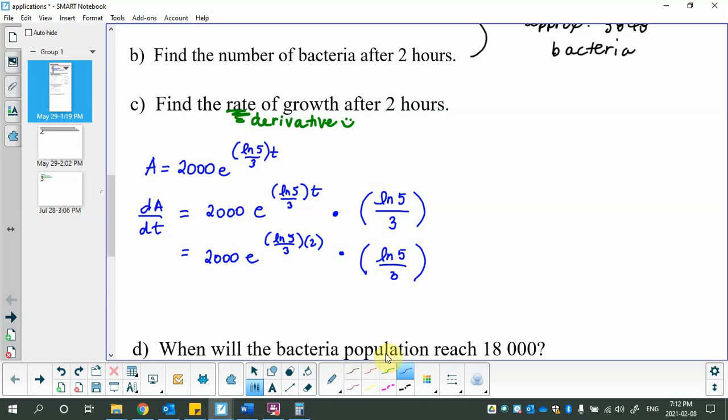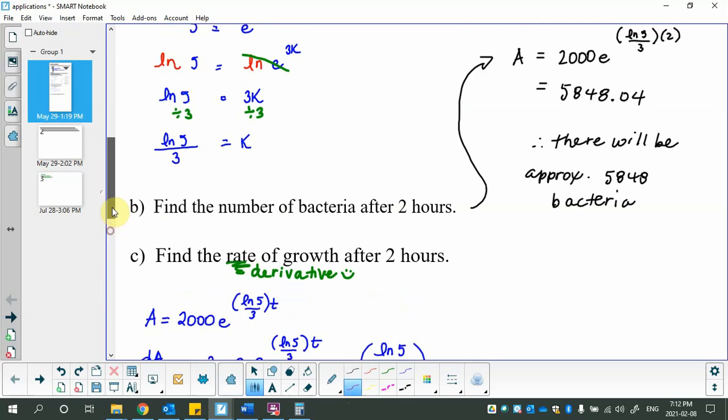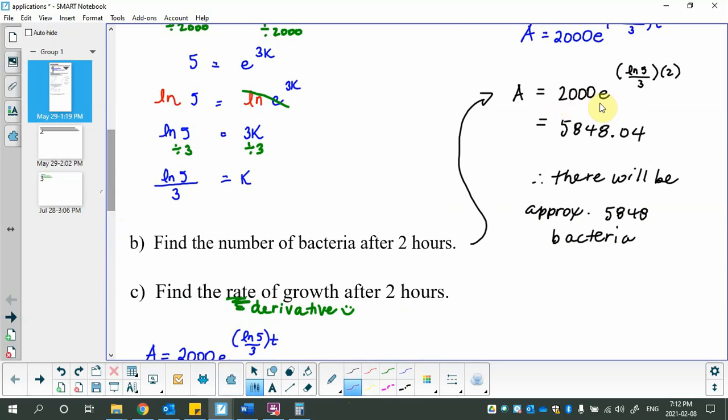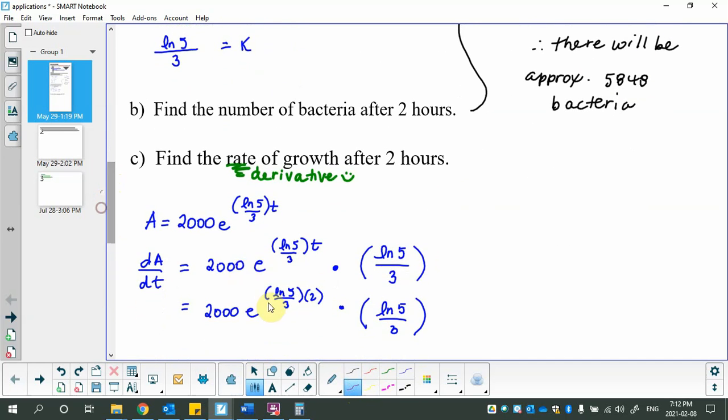The awesomeness is that this 2000 e to the ln 5 all over 3 times 2 was this value. And that's exactly what's sitting right here.